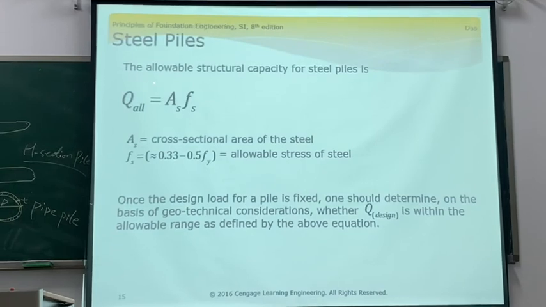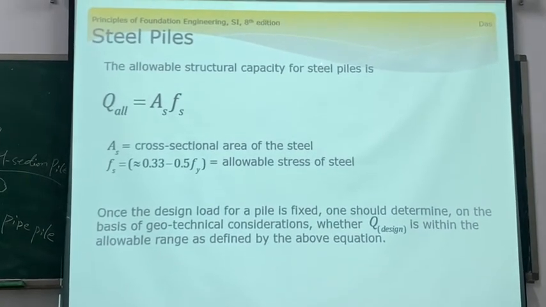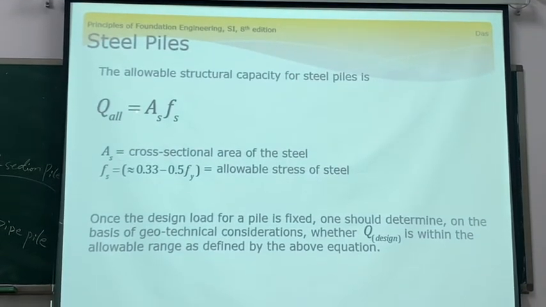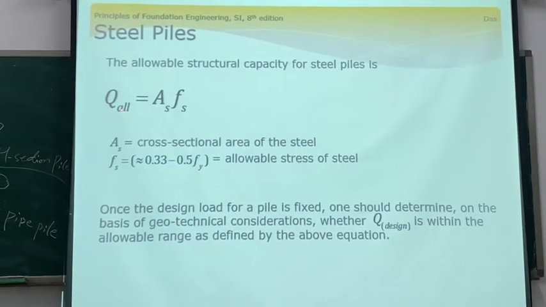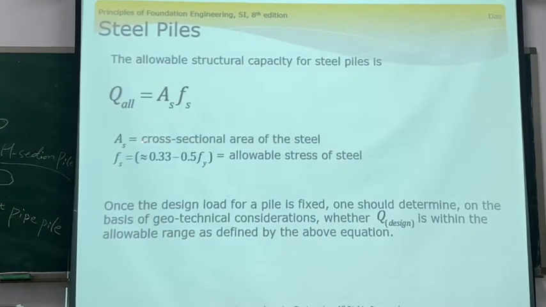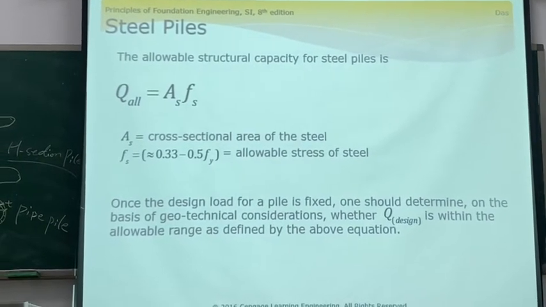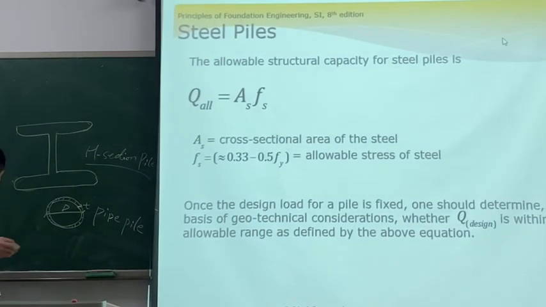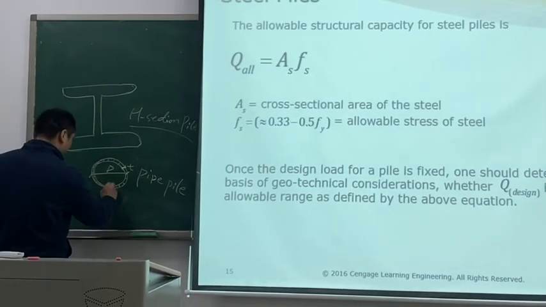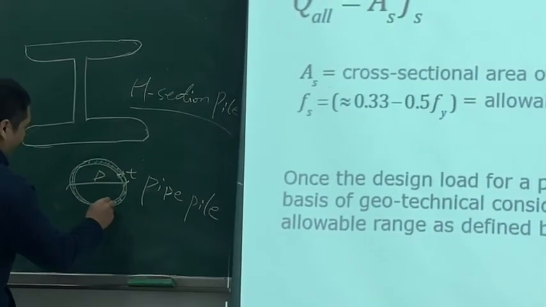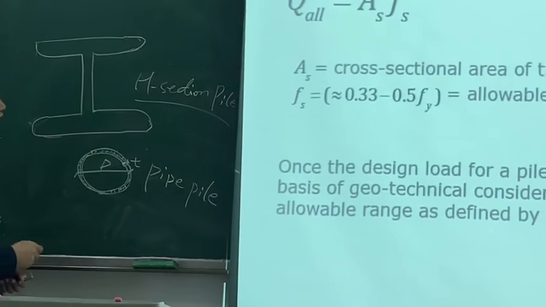So we can calculate the Q orbital. Q orbital is the structural capacity purposely for the steel piles. Q orbital uses the area A, which is the cross section area of the steel. This section, this part, is the area of the section.